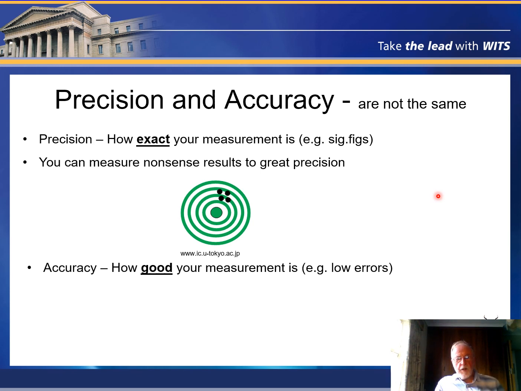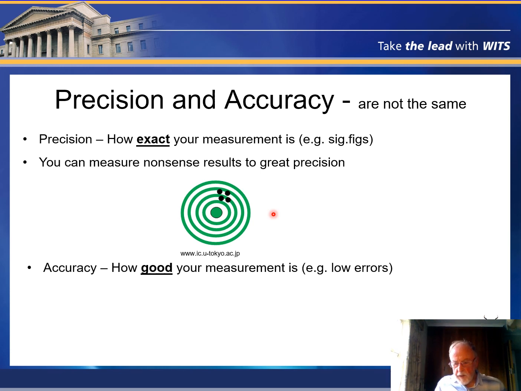And here's an example showing shots on a target, and we see that they're all in pretty much the same place, so they represent something that was quite exact, but they're in the wrong place, so they are not very good.